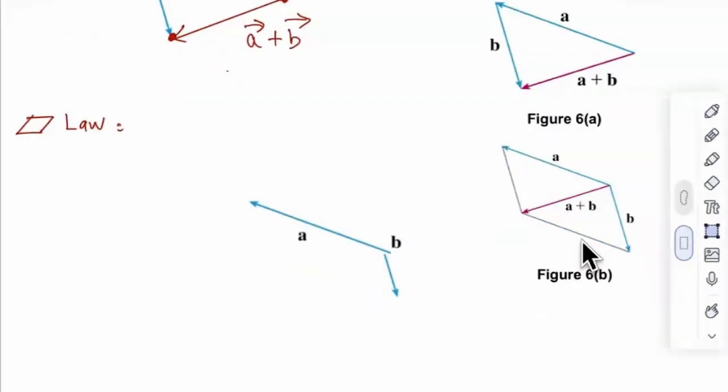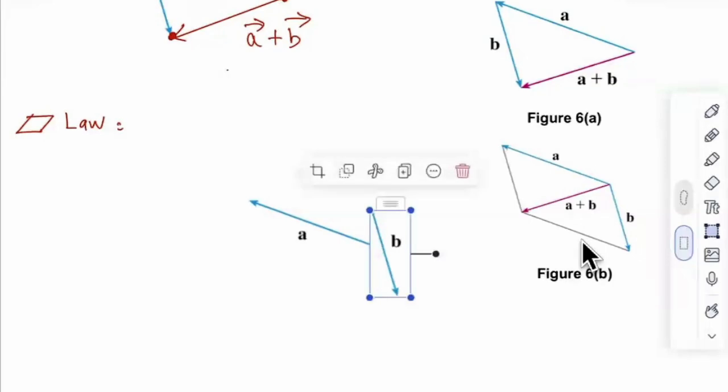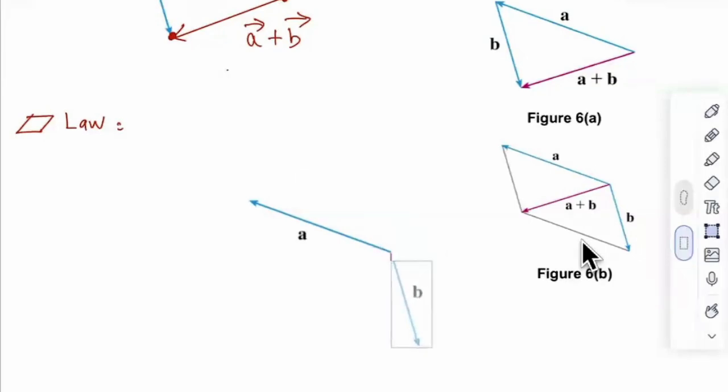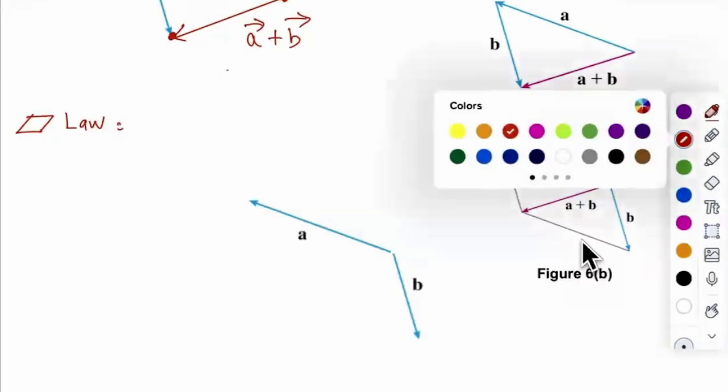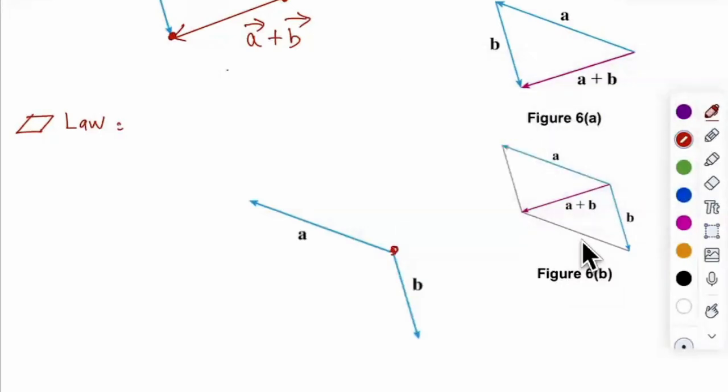Sometimes it doesn't listen to me. I want it to move. Okay, right here. Notice that they're at the same initial point right here. So here's A, here's B.